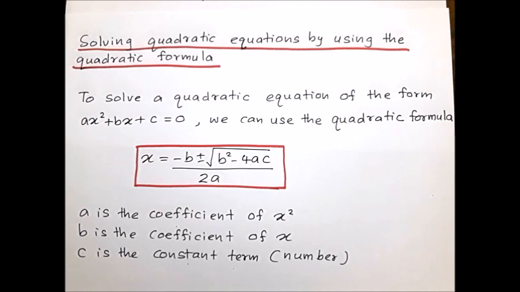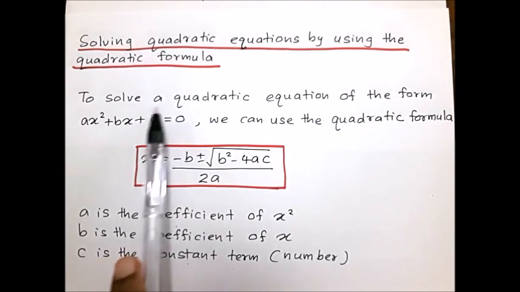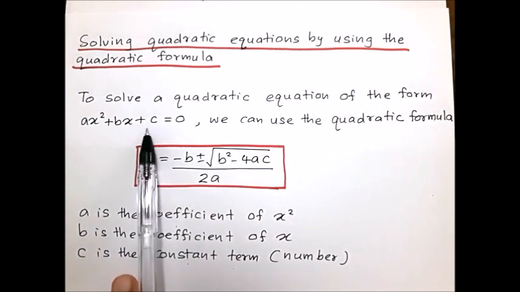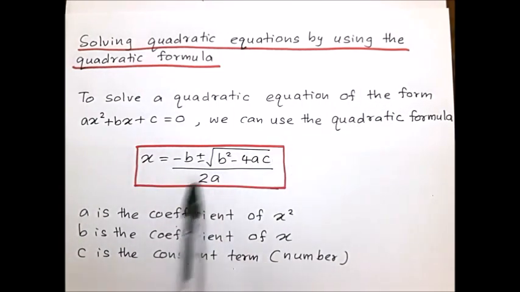Now I am going to explain the third method that you can use to solve a quadratic equation. This one is using the quadratic formula. This is the quadratic formula we use to solve a quadratic equation. If the quadratic equation is in the form of ax to the power 2 plus bx plus c equals 0, we can use this formula.